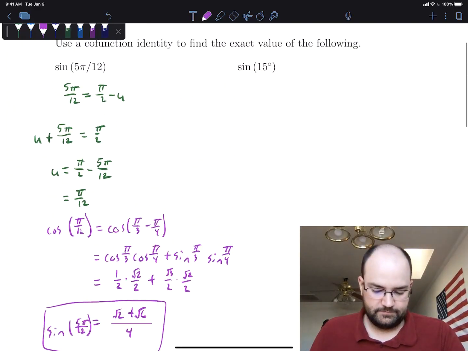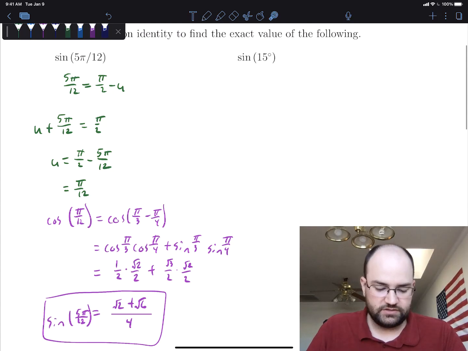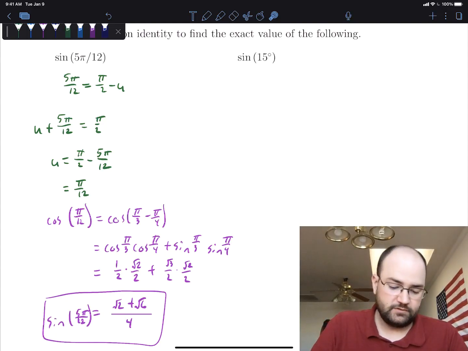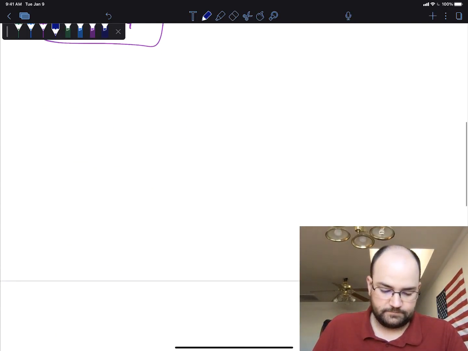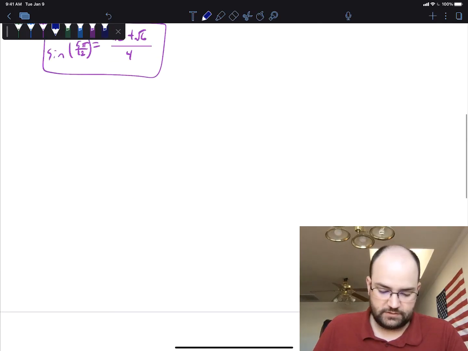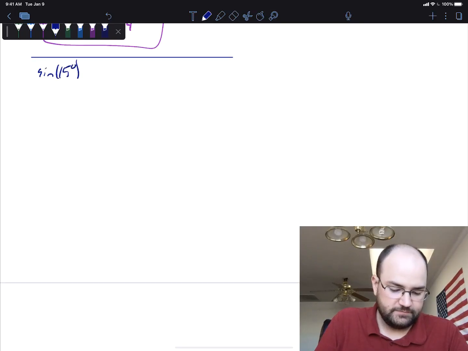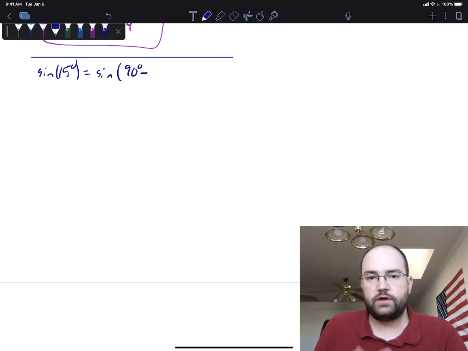Excellent. So what I did is I used a cofunction identity to go from sine into cosine, and then I used the cosine of a sum or difference. I can do the same thing for sine of 15 degrees. Sine of 15 degrees would be the same thing as sine of 90 degrees minus, now what gives us 15 degrees?